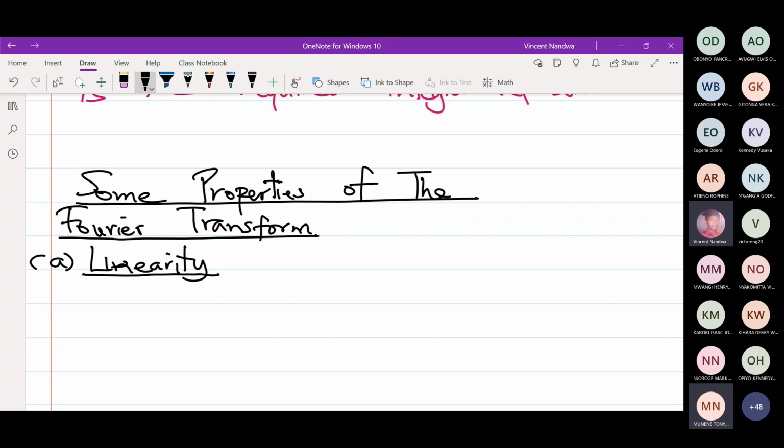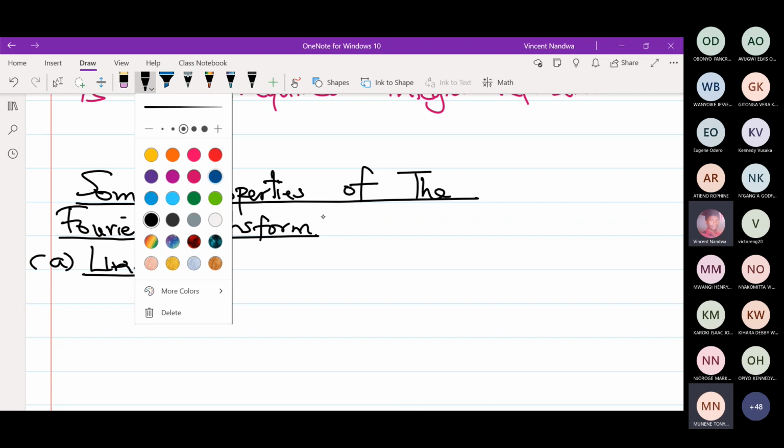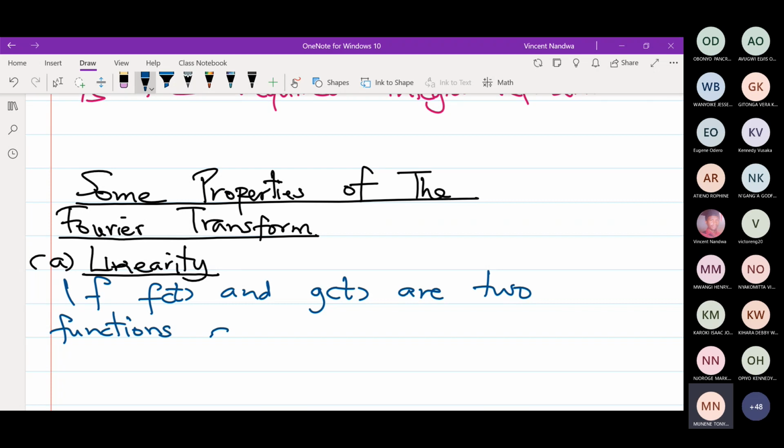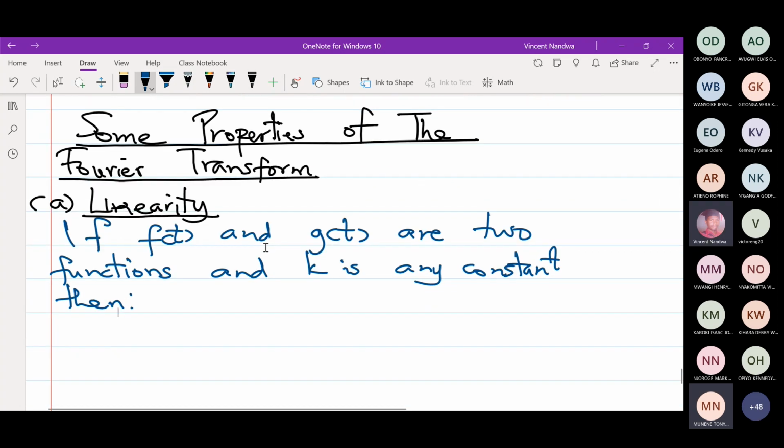So linearity, if we have two functions, f and g, so given two functions, f of t and g of t, and an arbitrary constant k, then one, the Fourier transform of f of t plus g of t.